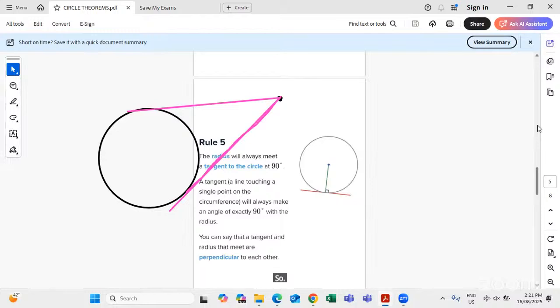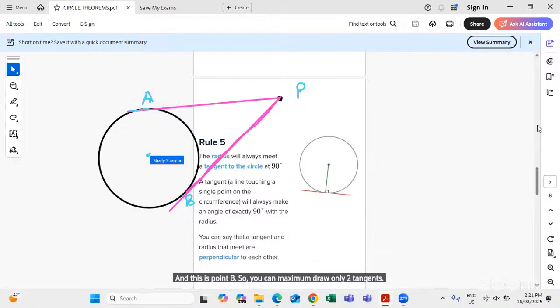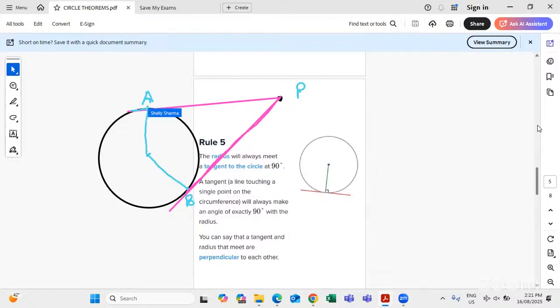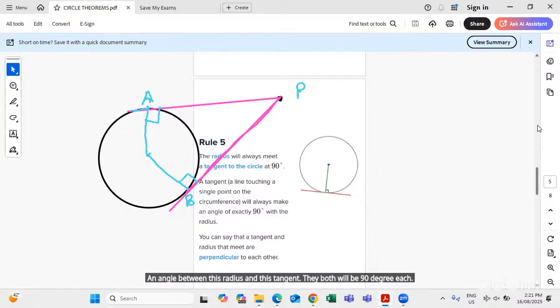So from a point outside the circle, let's say this point is P, you can draw a maximum of only two tangents. Let's say this is point A and this is point B. And again, if I draw the two radii at these points where the tangents are drawn, then the angle between this radius and this tangent, and between this radius and this tangent, will both be 90 degrees each.